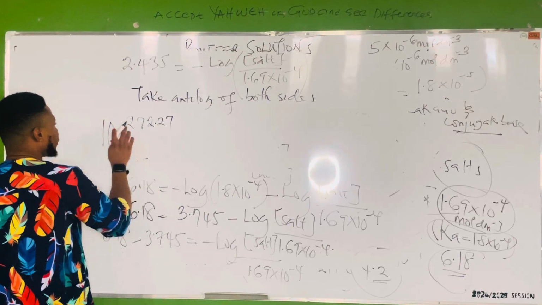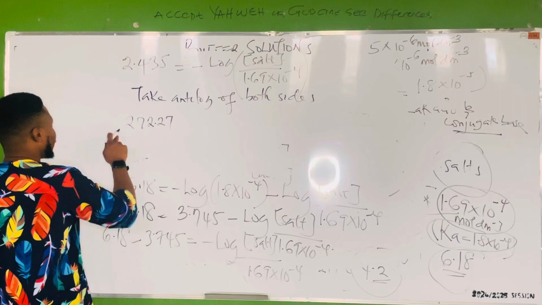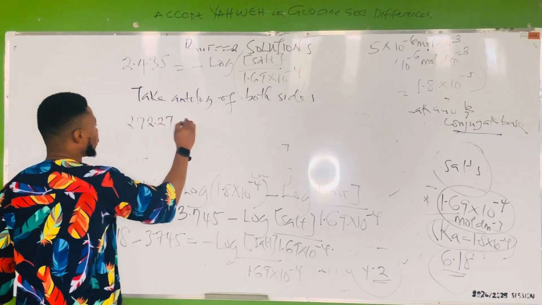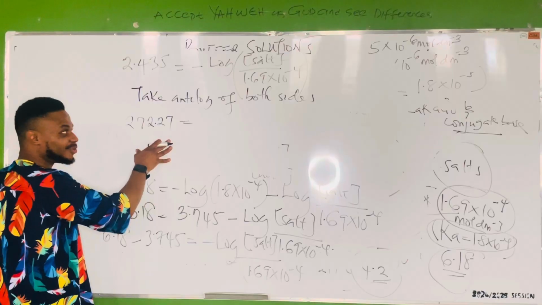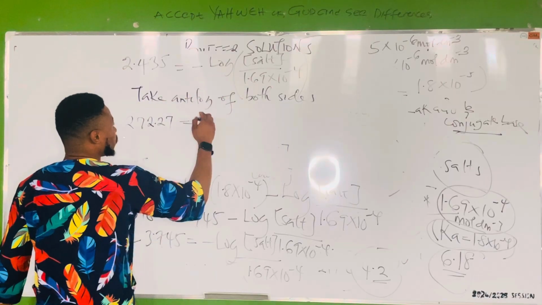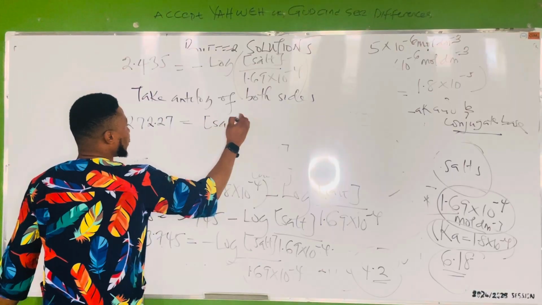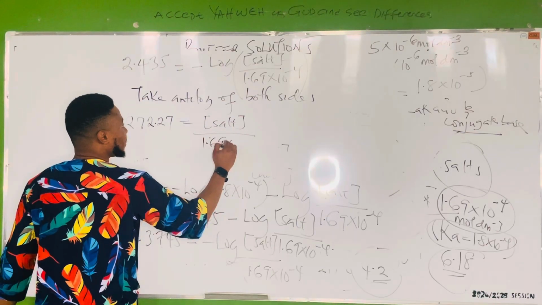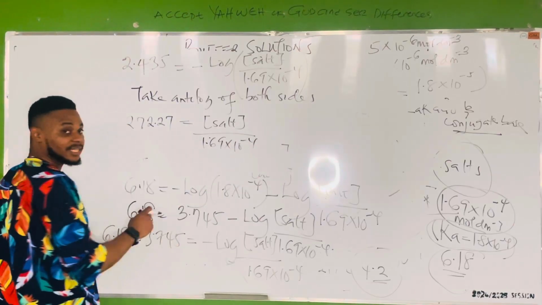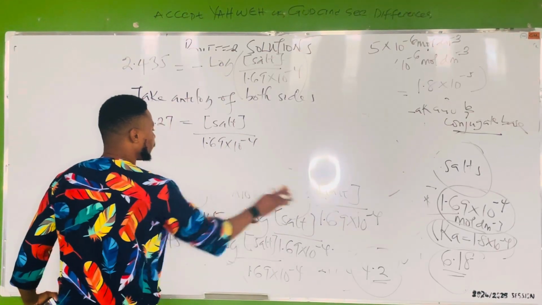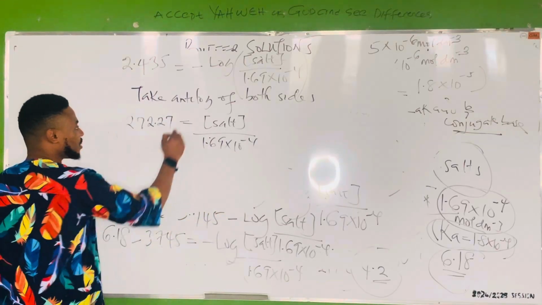This will be like 10 raised to power this, which gives us 272.27. There's no need writing 10 raised to power because we have already gotten this as an answer. Then the antilog will be removed. So now we'll have the salt all over 1.69 times 10 raised to power minus 4. At this point, we don't need to do any form of antilog again. We just have to cross multiply.